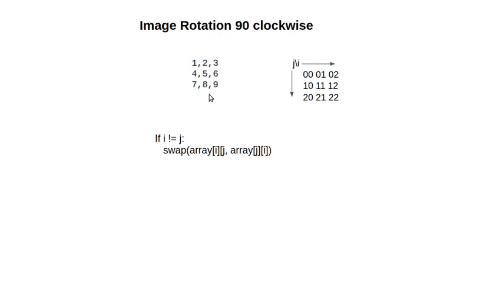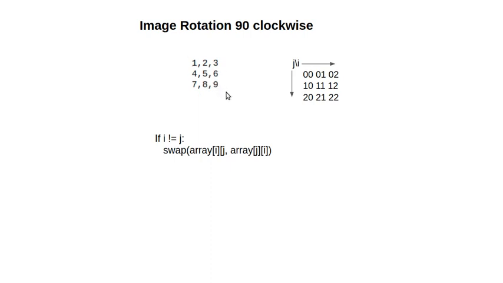At first we just need to swap i and j if i is not equal to j. In this case, at 0, 0 i and j are equal. At 0, 1, i and j are not equal, so we do the swapping. In that way, 2 is going to be here, 4 going to be here, 3 going to be here, 7 going to be out there, 6 going to be here, 8 going to be here.